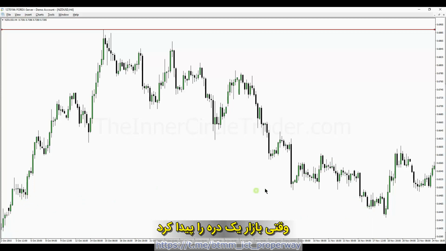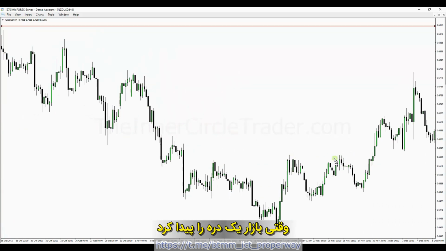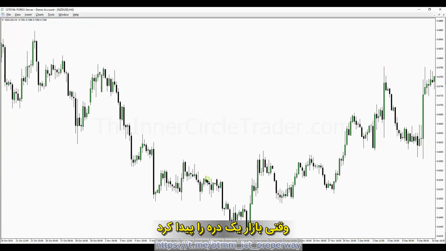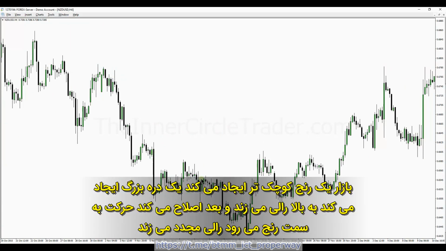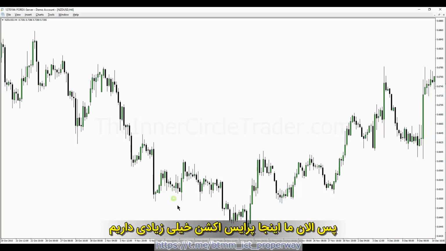The same thing is seen when the market finds a low in the market. The market creates a smaller consolidation, makes a long-term low, rallies up, retraces, moves into consolidation, rallies through again. So now we have a lot of price action here, so this old low is going to be well defended.